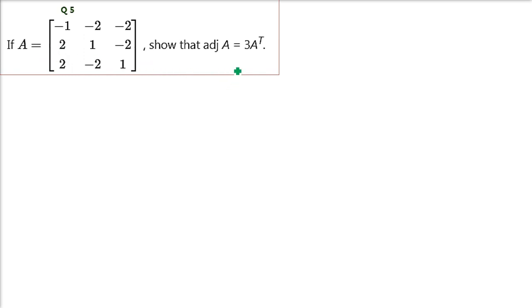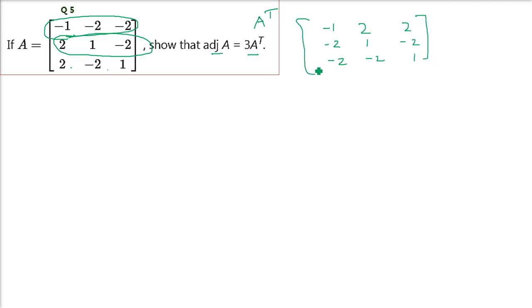Now for this matrix we have to show that adjoint of A is thrice that of A transpose. This A raised T is nothing but the transpose, row to column, column to row. So let me do thrice of A transpose so that you understand what we actually need to get when we find the adjoint A. This is the original matrix I am writing, and first I am taking the transpose, row to column, and multiplying it with 3.